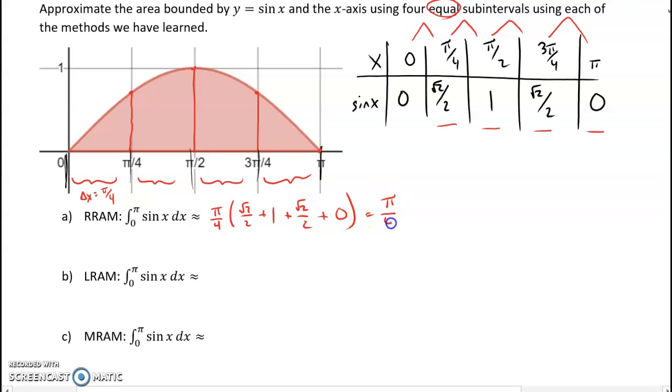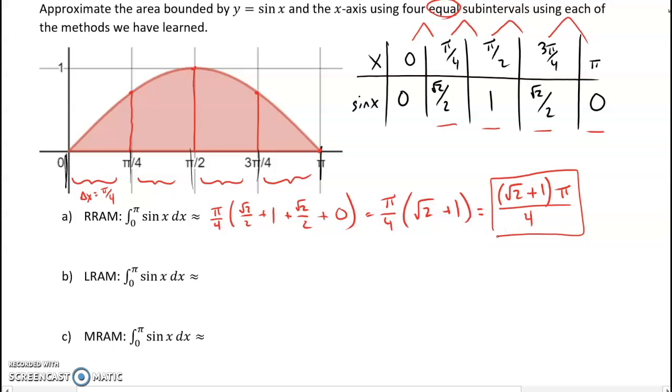We've got pi over 4 times some stuff. Root 2 over 2 plus root 2 over 2 is root 2, and 1 plus 0 is 1. We could leave this as the final answer, or if we want to, we can write it as a single fraction, putting that in parentheses and the pi outside of the parentheses, and we end up with an approximation for the area under the curve.